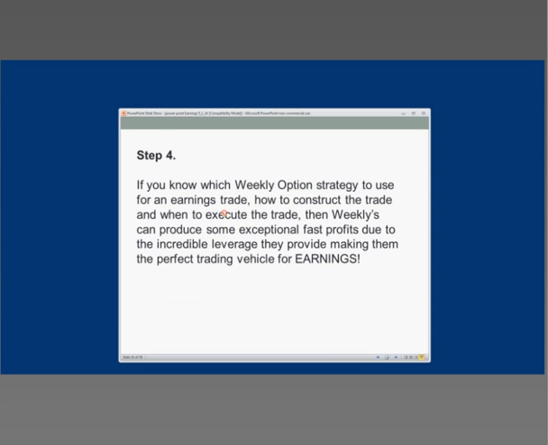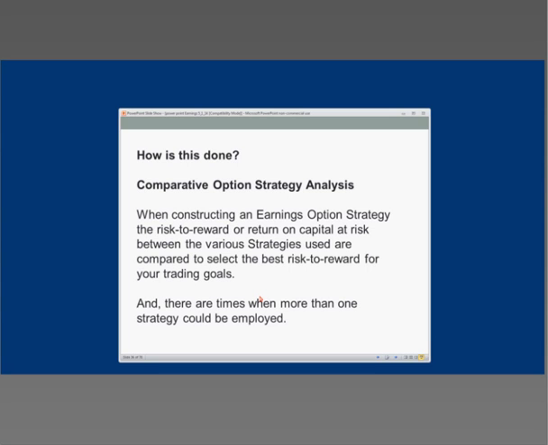Now, step 4 is that if you know which weekly option strategy to use for an earnings trade, then how to construct the trade and when to execute the trade, then weeklies will produce some exceptionally fast profits due to the incredible leverage that they provide you, making them the perfect trading vehicle for your earnings. And I do this by what I call comparative option strategy analysis.